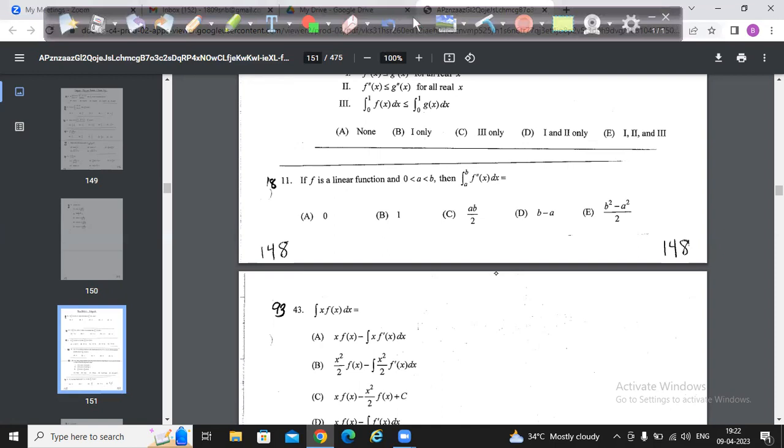All the students in the class, do type an answer for this simple, straightforward question. If f is a linear function, what is the area under the curve from a to b of f double dash x dx? Very good.